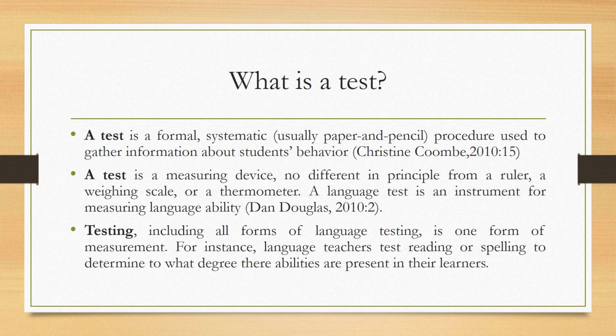Definition number 5 says that a test is a formal, systematic, usually paper and pencil procedure used to gather information about students' behavior. And this definition is taken from one of our textbooks written by Christine Coombe. Okay? So when we read this definition carefully, we can see that Christine Coombe again describes the test as a formal procedure.